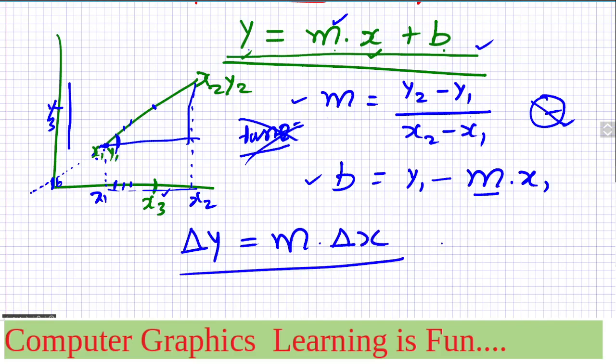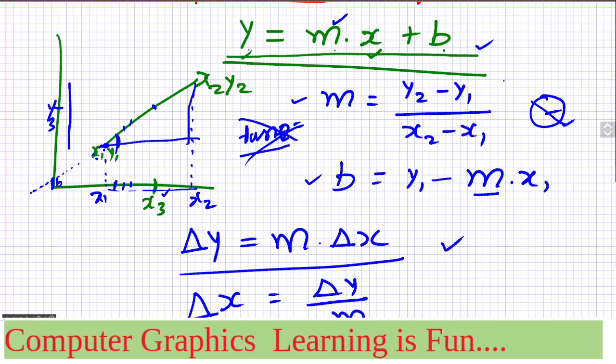Similarly, if you have to obtain the x interval, suppose you have to find delta x, then it will be delta y upon m, isn't it?